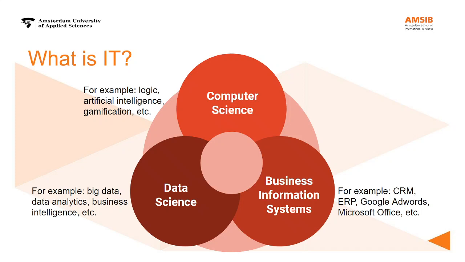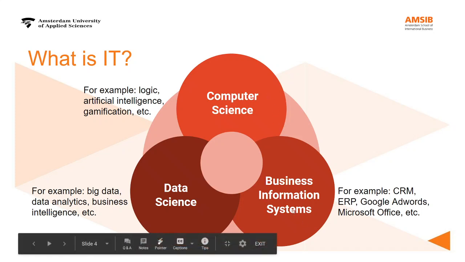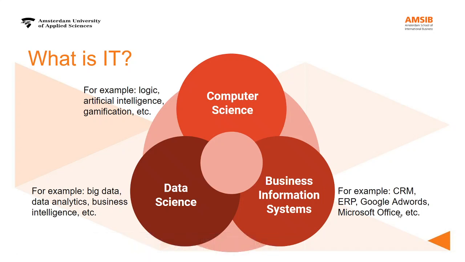You see a lot more job titles are transforming towards these wordings, or there are more jobs created with these kinds of titles. So a lot of potential in the field, but so far within AMSIP and for the first year, we only focus on the business information systems side, and in particular Microsoft Office.